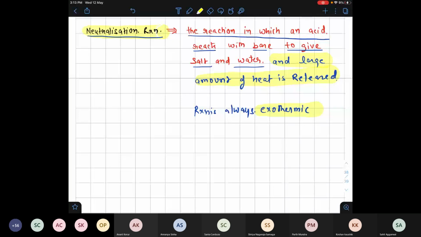ठीक है, we use soaps basically. Soap use करते हैं, milk use करते हैं, because they are weak bases. They can neutralize also and less energy is released.